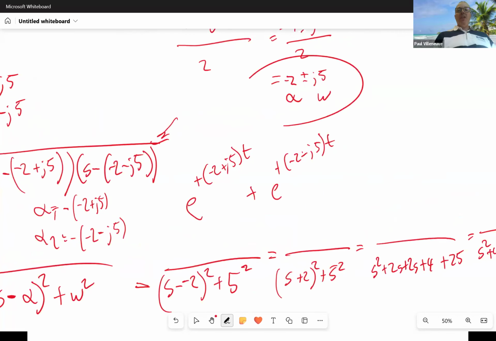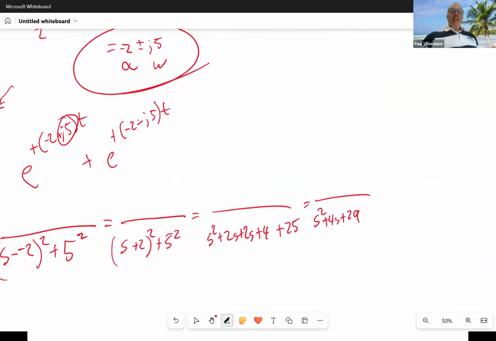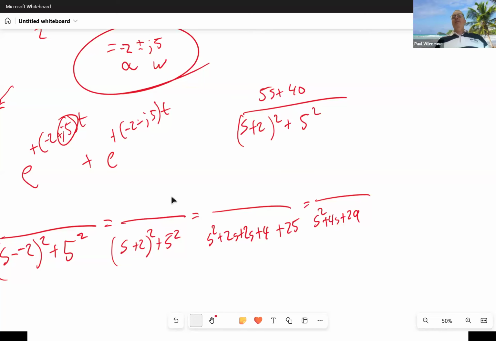So this approach is highly encouraged, highly suggested, because you don't want to have complex numbers when you're in the time domain, because you can't make a waveform that looks like that. But if I go back over here and take my 5s plus 40 and put it over s plus 2 squared plus 5 squared, that's my F of s.